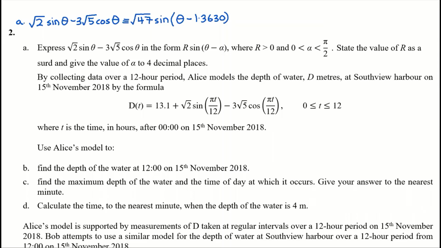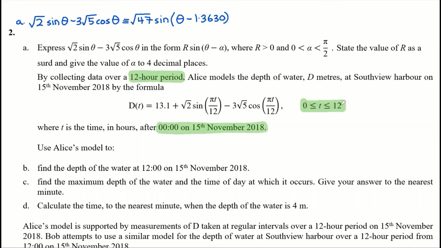Alice collected data over a 12-hour period, starting after midnight on the 15th of November 2018. So that would be from midnight till 12 noon. You can see this in the model because it's represented by the time t, which is a 12-hour period. So that all checks out.